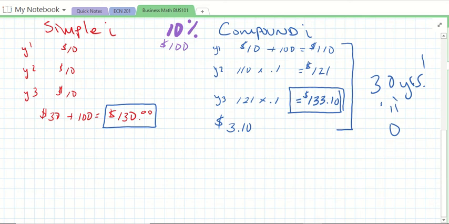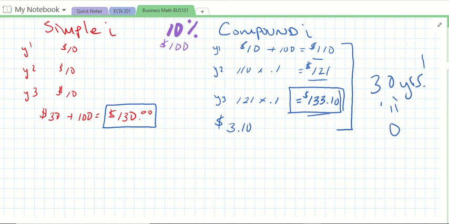Right? You're going to make me do this 30 different times, I'm going to lose count. So there's actually some math involved in this, and there's a formula. There's a compounding interest formula, and it is pretty simple. We'll put it in black over here.